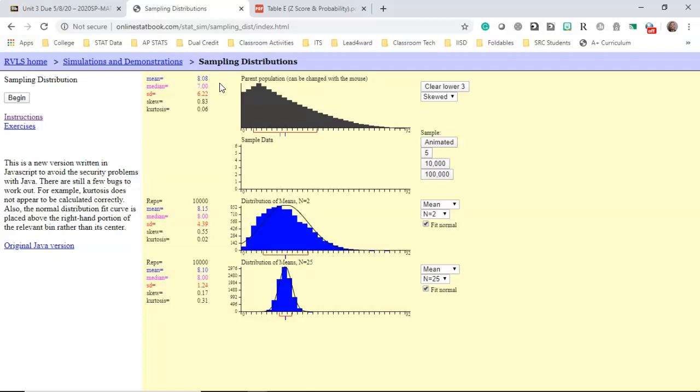So what we're looking at today in this lecture video is we want to find the probability of a certain average from a sampling distribution. So we think about that we're still dealing with either a sampling distribution that's considered to be normal because it came from a normal population, or we can consider it to be normal because the sample size is large enough.